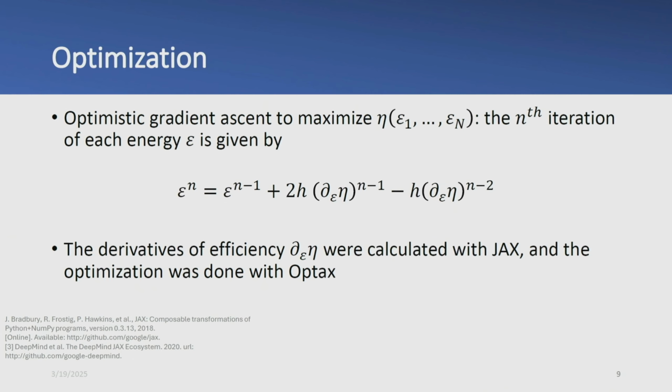I'm specifically using optimistic gradient descent implemented with the library OptAx because I found it worked well with my complex efficiency landscapes in parameter space. And I'm calculating my derivatives of efficiency with respect to the on-site energy splittings with the JAX library, both of which I can direct you to at the end of the presentation if you're interested.